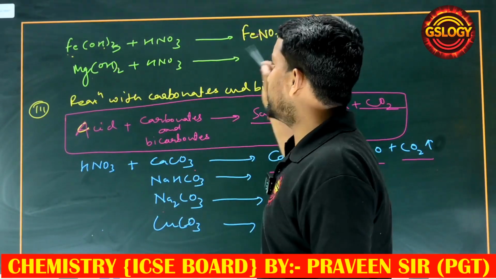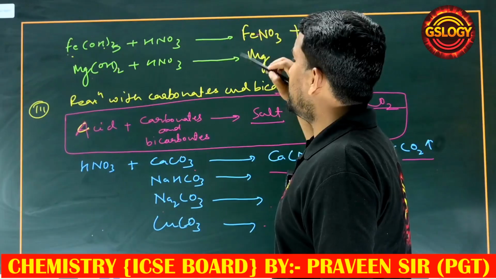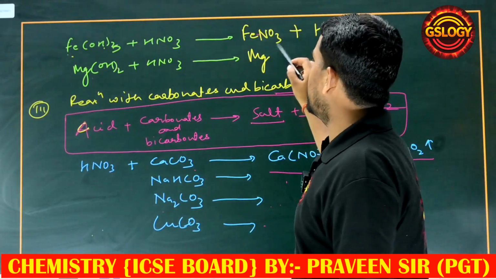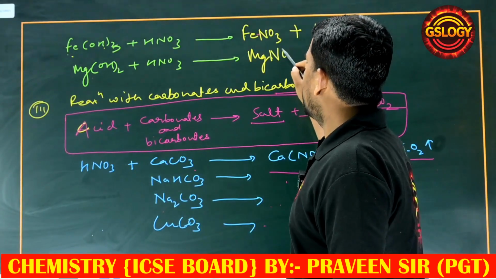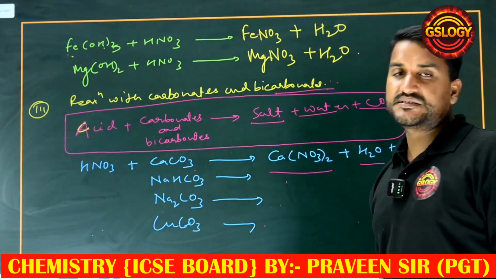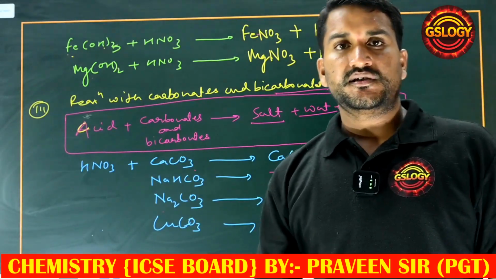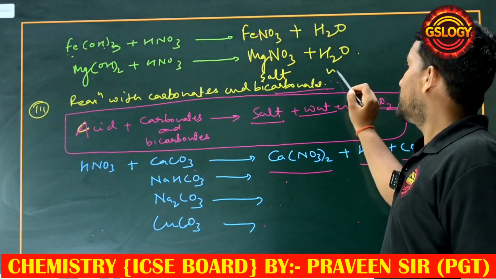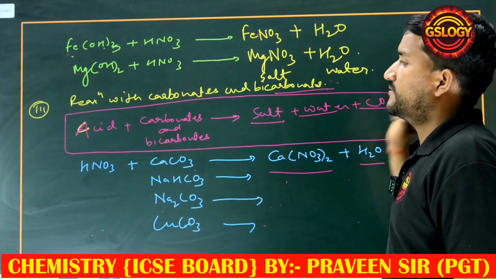And magnesium hydroxide reacts with dilute nitric acid, then it will form magnesium nitrate plus water. Clear? It means when an acid reacts with a base, it will form salt and water.